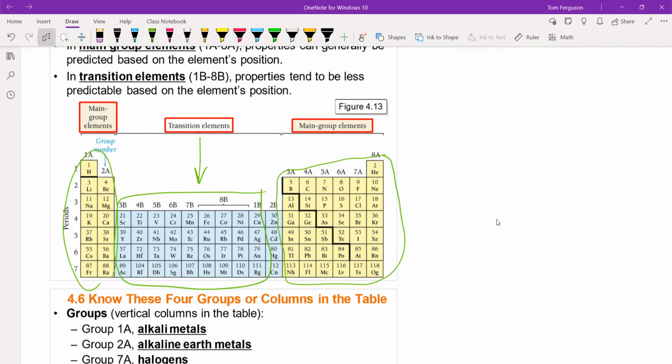The main group ones, 2 on the left, 6 on the right, they are very well behaved. They will always form a +1 cation or +2 cation, where these guys form all kinds of ions all over the place. -1, -2, -3, +3, etc. So those, the yellow ones, are well behaved.